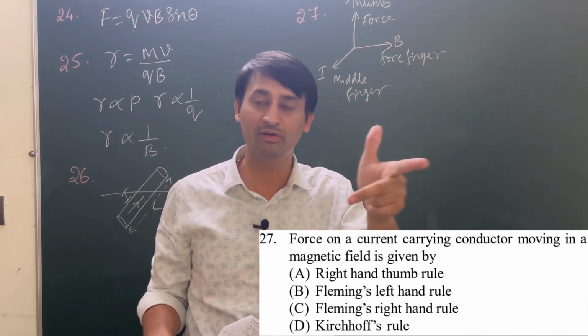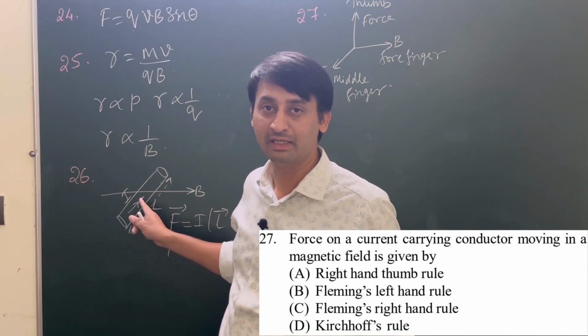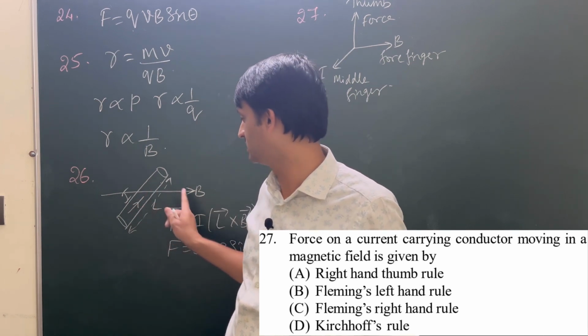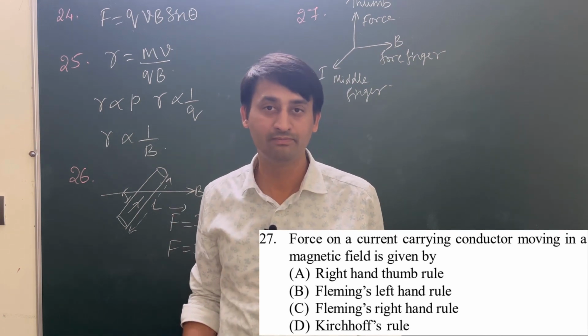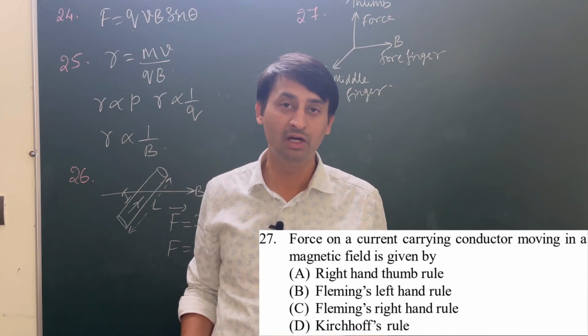It is used to find the direction of force acting on a conductor carrying current placed in a magnetic field. So option B is the correct answer, Fleming's left hand rule.